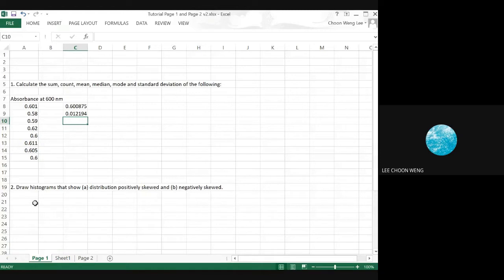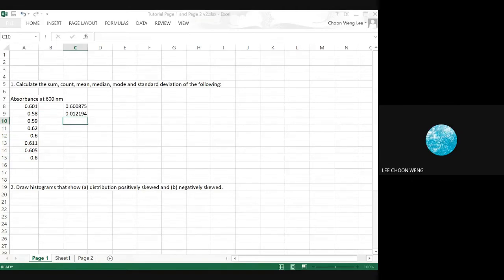But Excel can also calculate for you. If you use data analysis, here you're looking for descriptive statistics. What you can do is say your input range. We place the labels in the first row. The output range, we'll place it here.